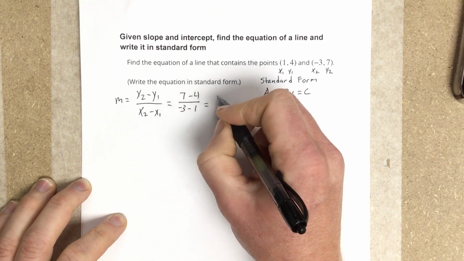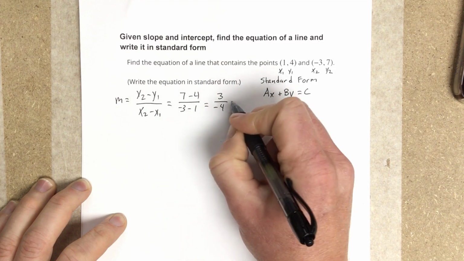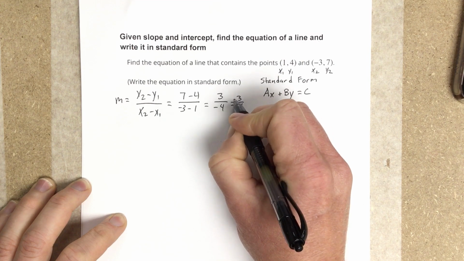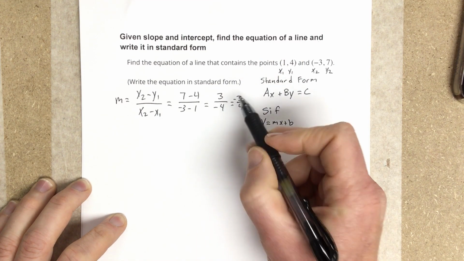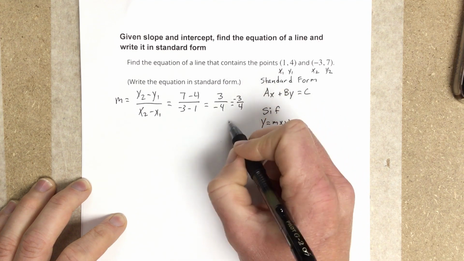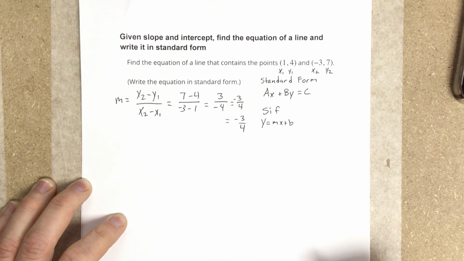So 7 minus 4 is 3. Negative 3 minus 1 is negative 4. That's 3 over negative 4. Should probably try to keep your negatives away from the equal sign a little better than that. I'm going to rewrite it. It's annoying. All right, negative 3/4.